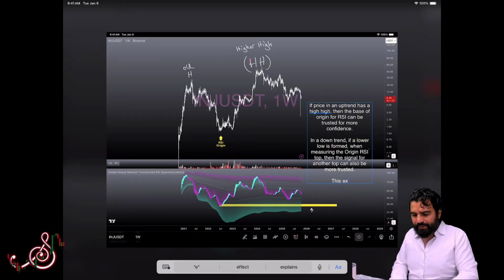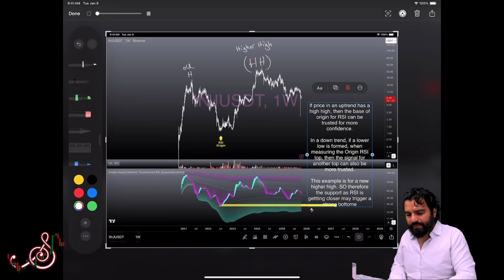This example is for a new higher high. So therefore, the support as RSI is getting closer may trigger a strong bottom.